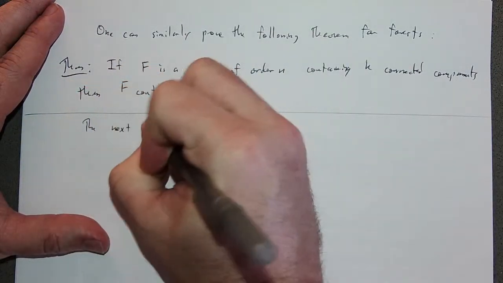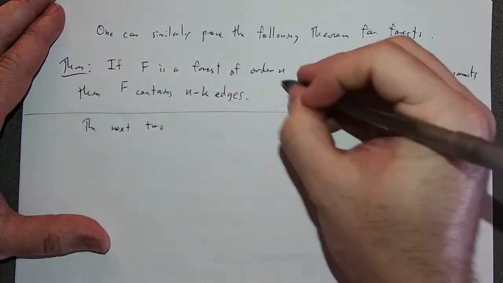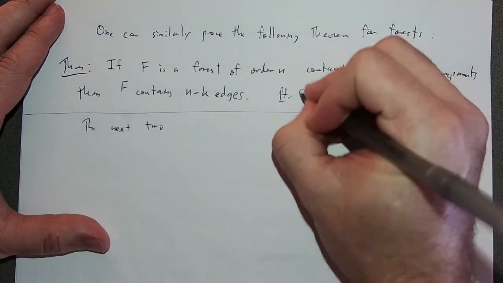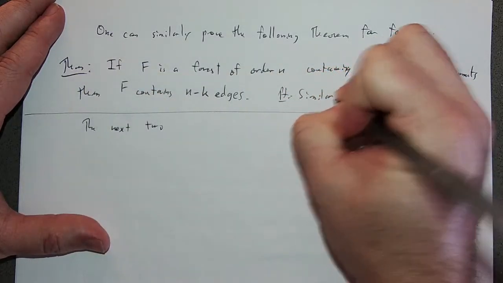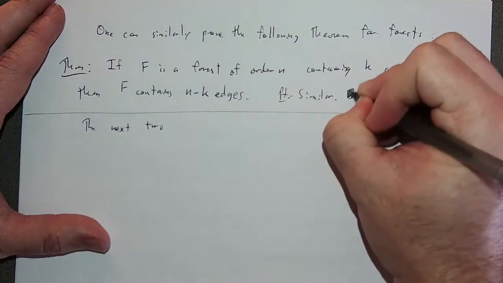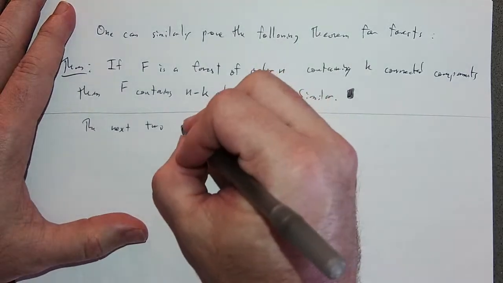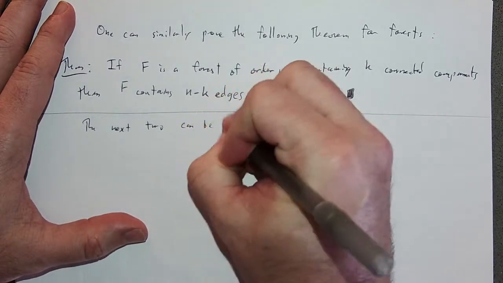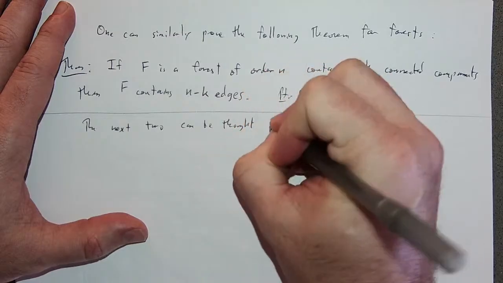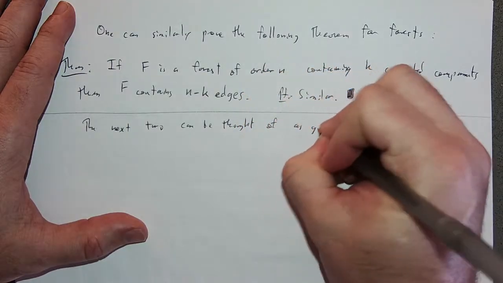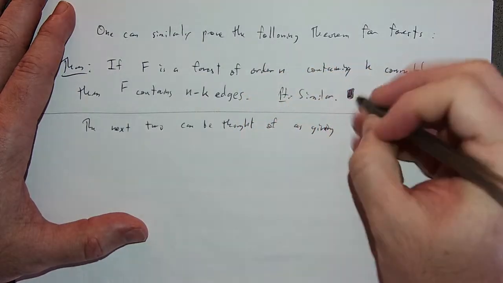The proof here is similar. Again, you can think about what you would do to complete that proof. The next two theorems can be thought of as giving alternative definitions of trees.